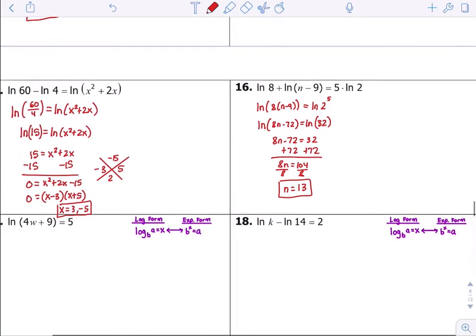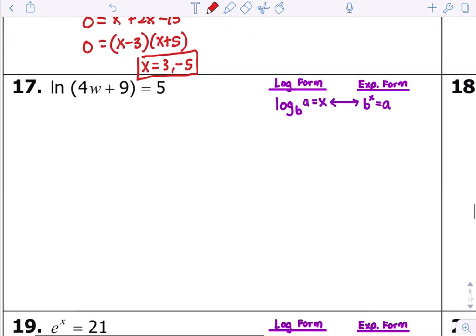Alright, so for this natural log, you guys, well, it's a natural log equals a number, so that means we should probably change it to become exponential form. So let's change our natural log to be a log. So log of base e of 4w plus 9 is equal to 5.